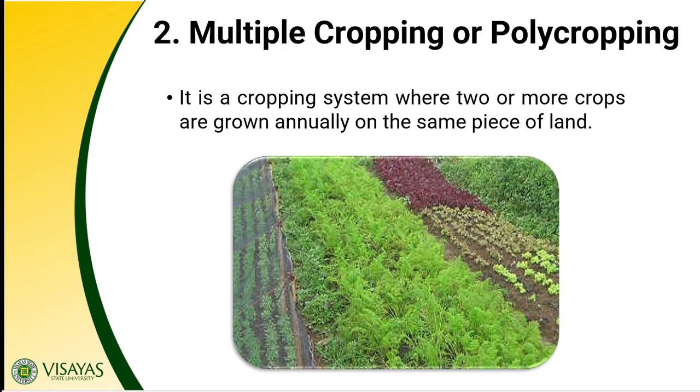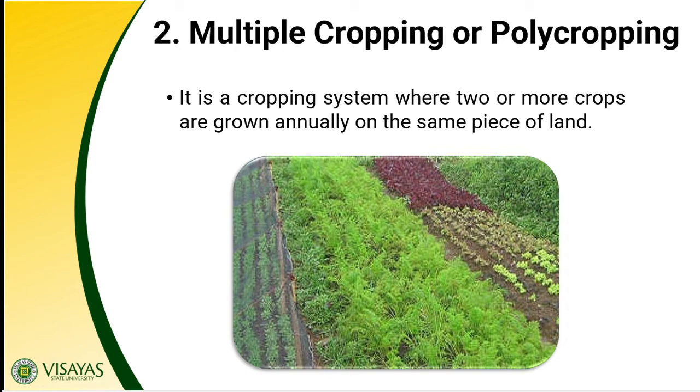And the second type of cropping system is the multiple cropping system or polycropping system. So from the word itself, multiple or poly, it means that there are many crops involved here. It is defined as a cropping system where two or more crops are grown annually on the same piece of land.